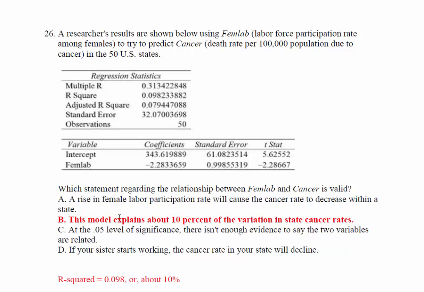Okay? This model explains about 10% of variation in the state cancer rate. This is actually a correct statement. Which one shows the percent of variation explained? That's the R squared right here. R squared in this case is 0.09823, and so 9.8%. So that's roughly 10%. So B is the correct answer. Right?